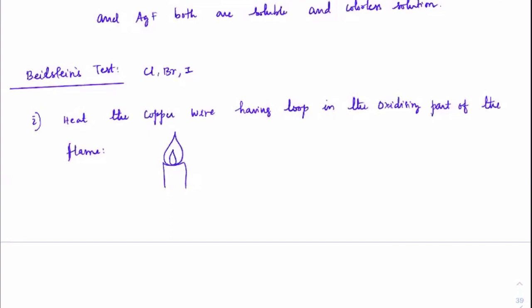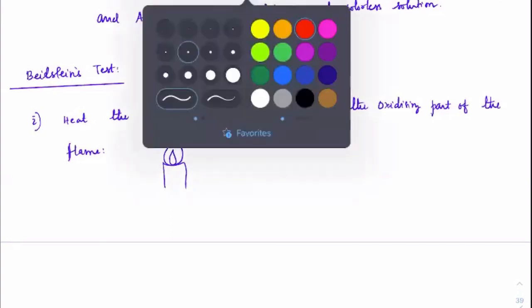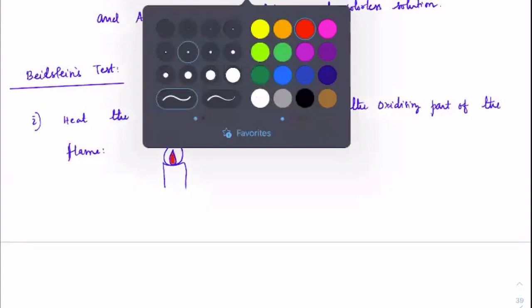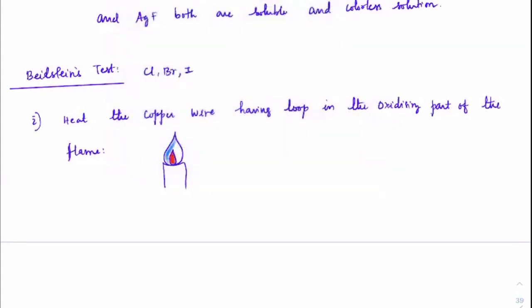This middle part would usually be slightly red in color, and the outward part will mostly be blue in color. This one is what we call the oxidizing part of the flame.